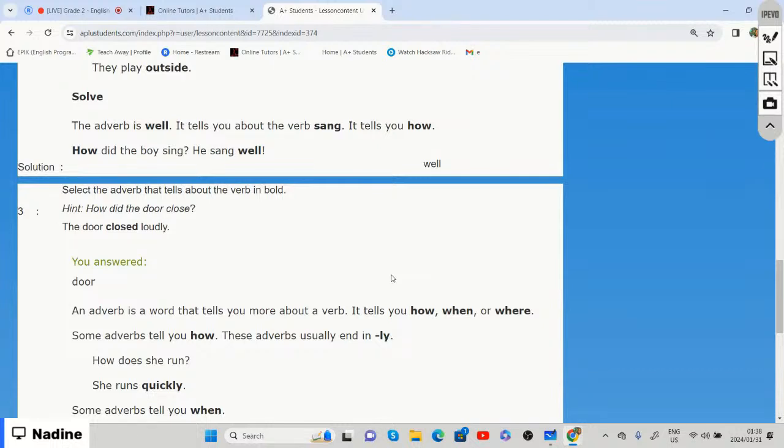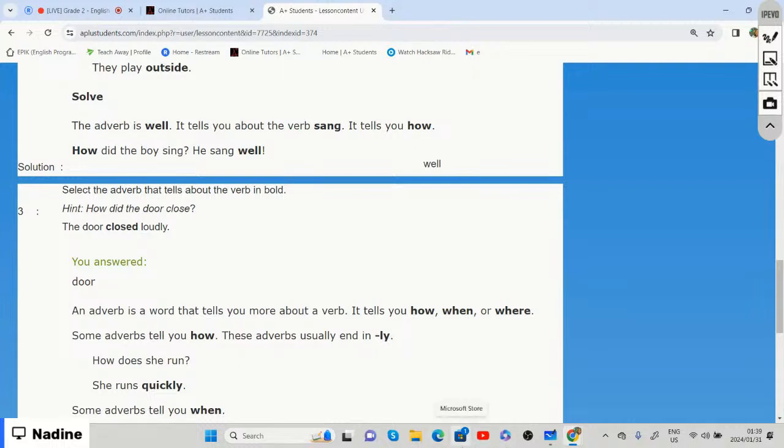How did the door close? The door closed loudly. So we need to select the adverb that tells us about the verb in bold.